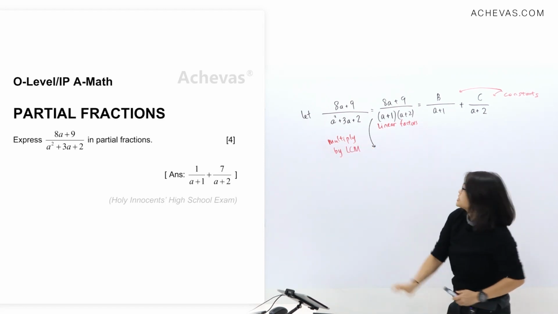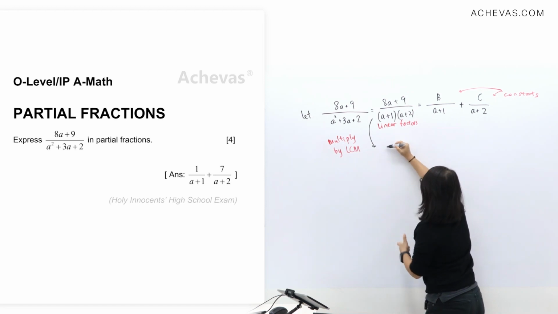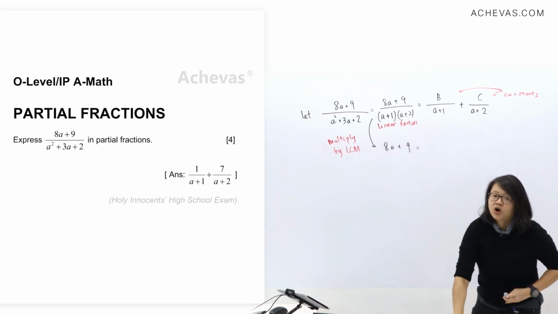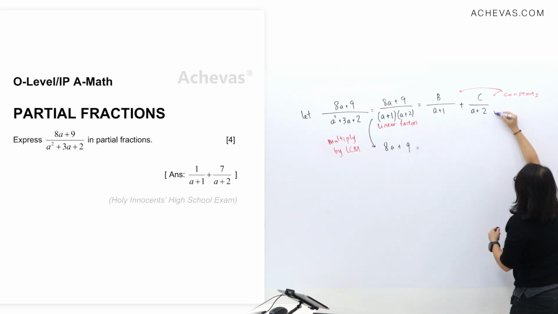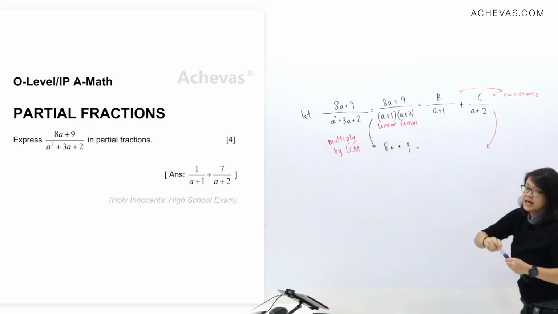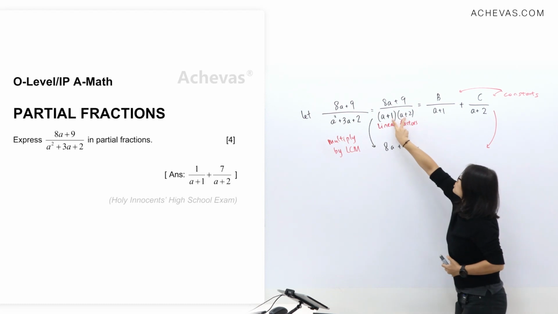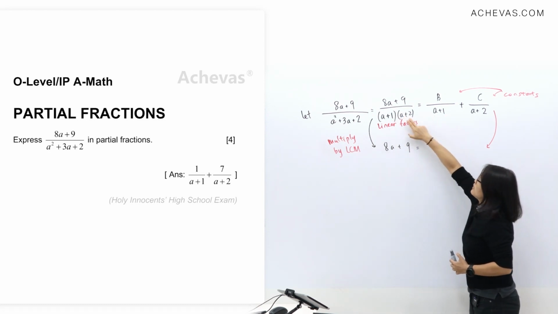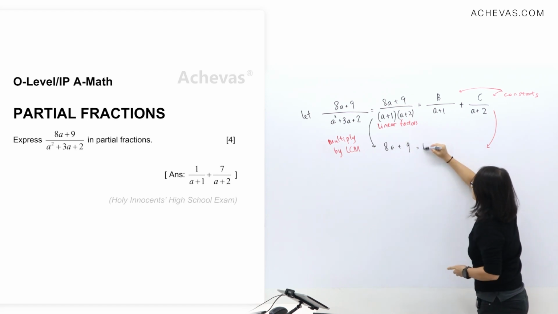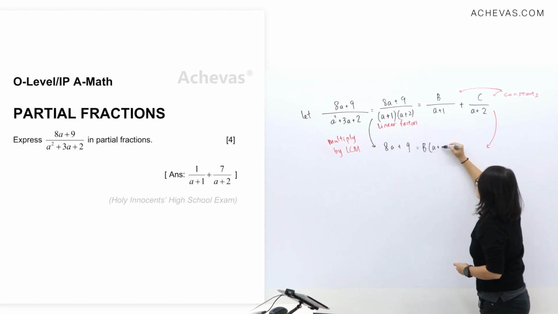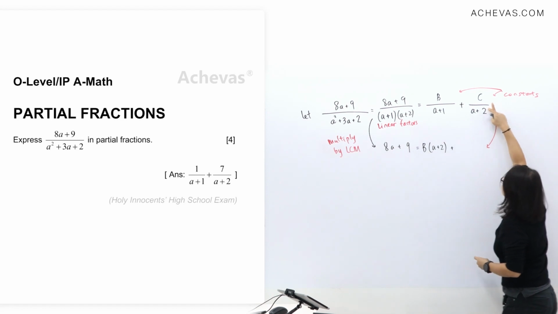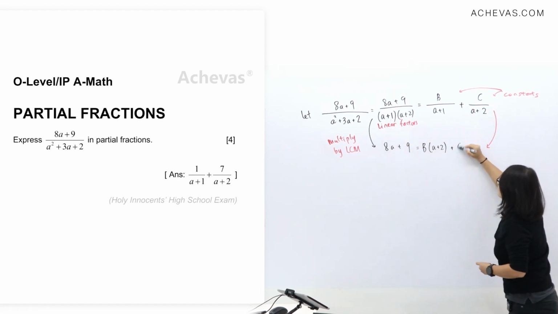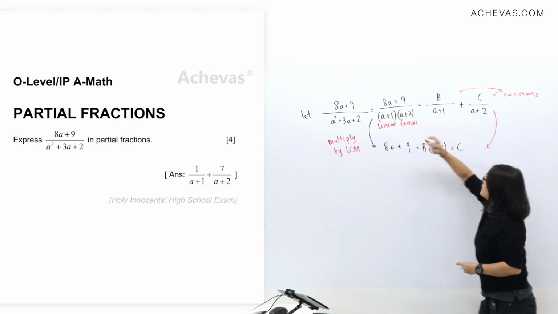So the left side has the numerator 8a + 9. I'm going to do the same on the right-hand side, multiplying by the LCM, (a + 1)(a + 2). Take note that a + 1 gets cancelled for the first term, so what you're left with is b with (a + 2). And for the next term, a + 2 gets cancelled, so what you're left with is c pairing with (a + 1).